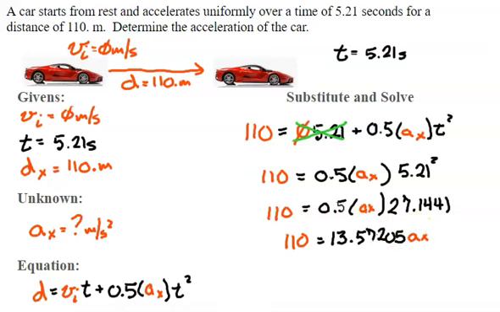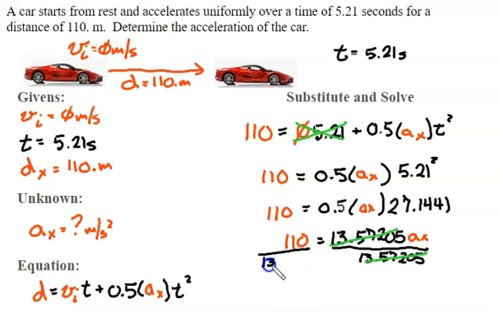In order to get acceleration all by itself on the right-hand side, I'm going to divide by 13.57205. And the reason is I want these to cancel. But whatever I do to the right, I got to do to the left as well.